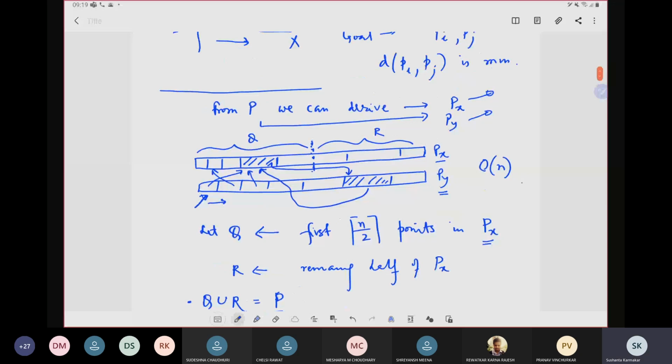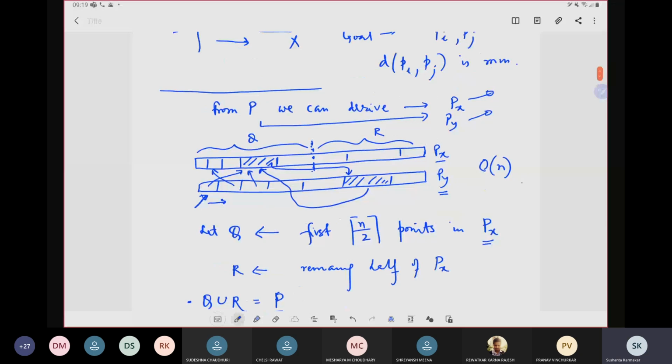But after that, to calculate this Qy and Ry, I do not need to sort them again. I just scan left to right in this Px and Py, and I can do that in order n time. Okay, fine. So this is clear, right?